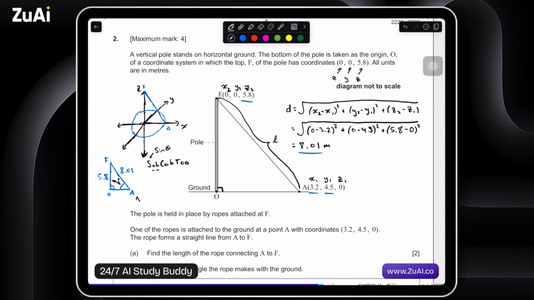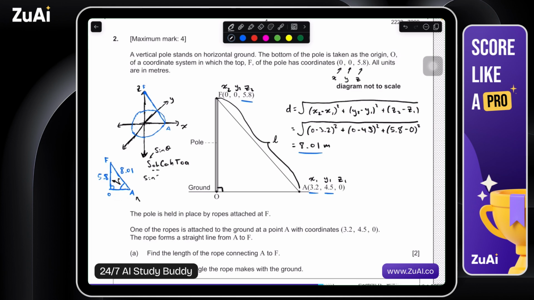Sine theta is equal to opposite over hypotenuse. In this case, sine theta is equal to 5.8 over 8.01.